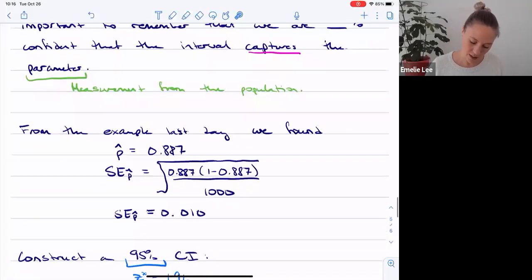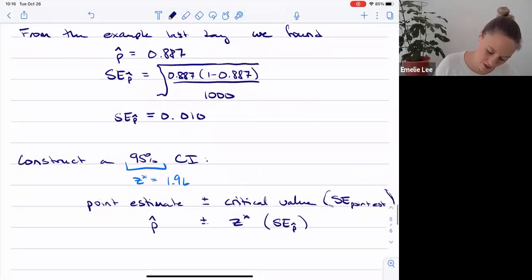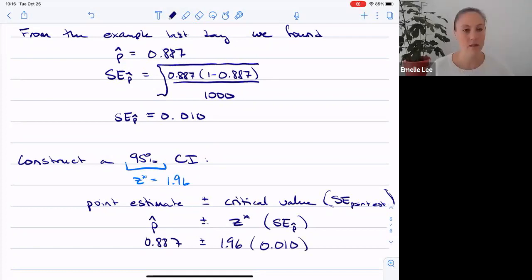So we have a Z star of 1.96. We also know our p hat from up here: 0.887 plus minus 1.96 times 0.010.